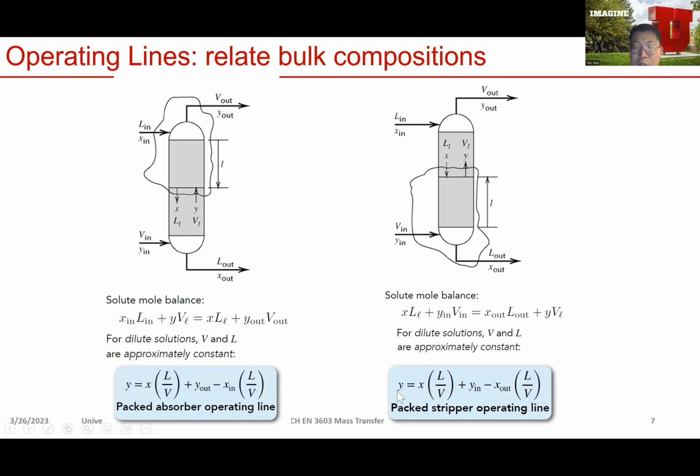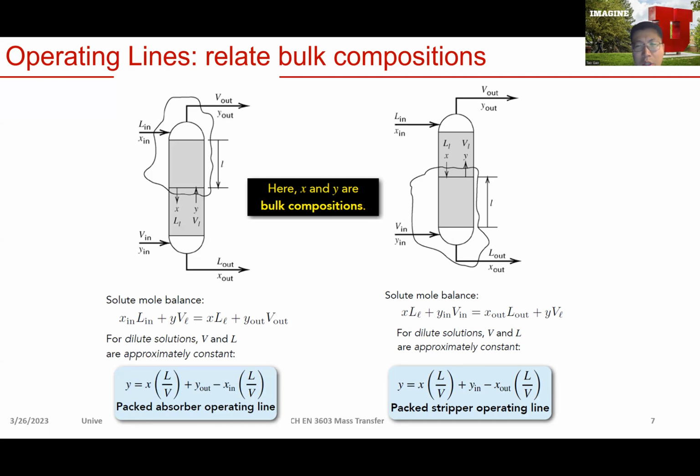Again, this is a linear equation that relates Y with X. You can plot it on an XY diagram. Here, X and Y are bulk compositions, instead of interface compositions. Okay, so that gave us the last piece of the puzzle.